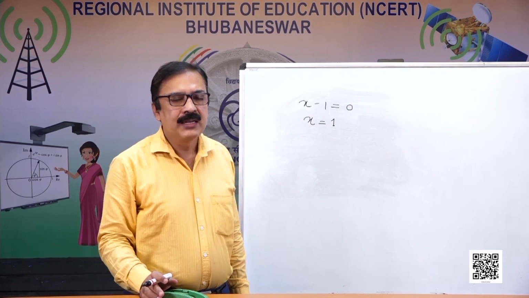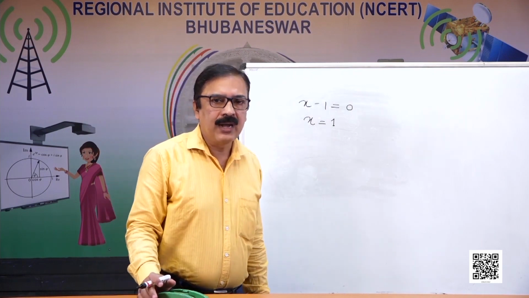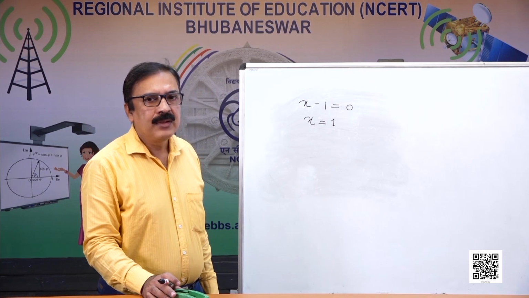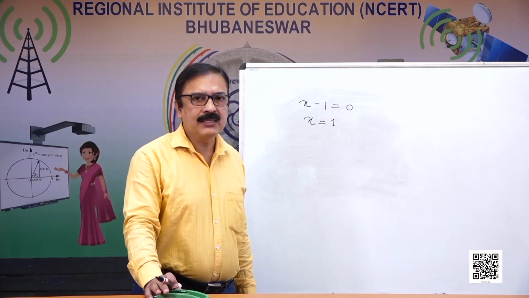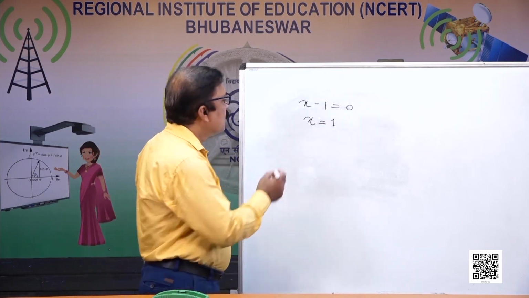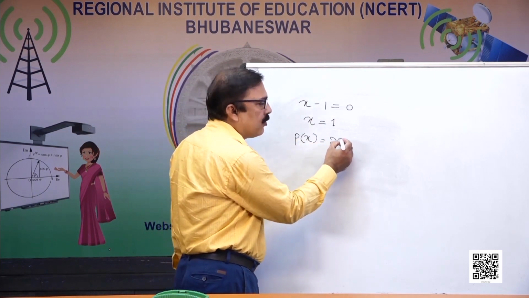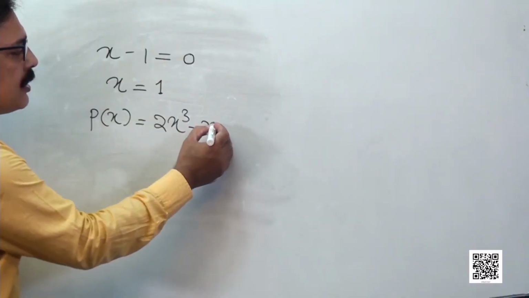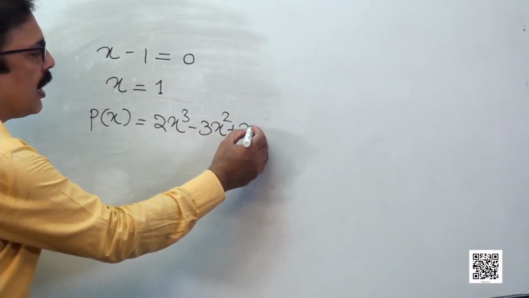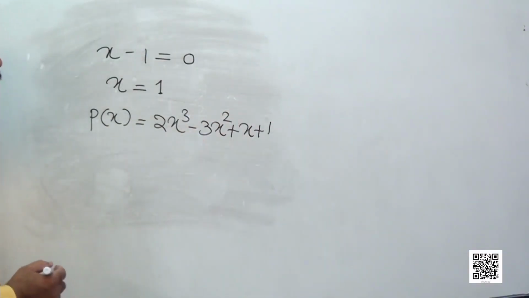Let's evaluate the given dividend for the value of x at 1. So Px as given is equal to 2x cube minus 3x square plus x plus 1.